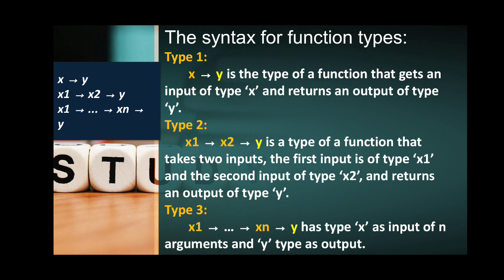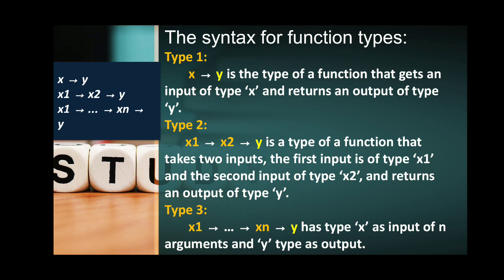Clear? The first one: the function takes only one input of X data type and produces an output of Y data type. Second type: if the function takes two different data types as input, that is x1 data type and x2 data type, then it will produce a result of Y data type. Here x1 and x2 denote the data types of the input variables, and Y denotes the data type of the output variable.